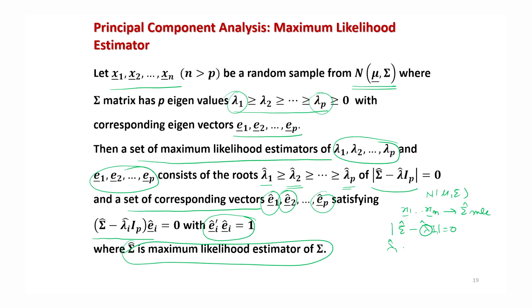Then you find the characteristic vector using the equation sigma hat minus lambda i hat IP into EI hat is equal to 0. This will give you the ith characteristic vector, or eigenvector. And then you have all of E1, E2, EP, and then you can constitute your principal components, right?